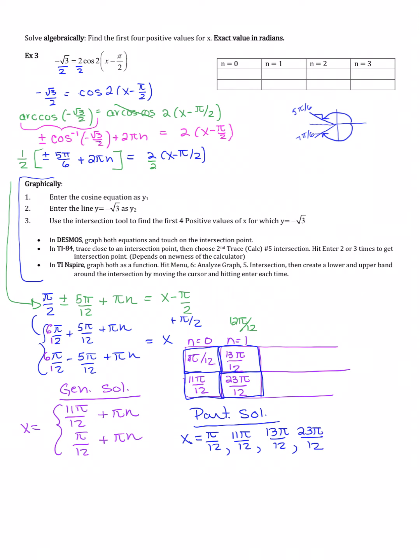And those would be my first 4 positive values without touching a calculator. So it is possible to do these without. So you do need to know your trig, in a sense, your inverse trig. And yeah, that should be it.